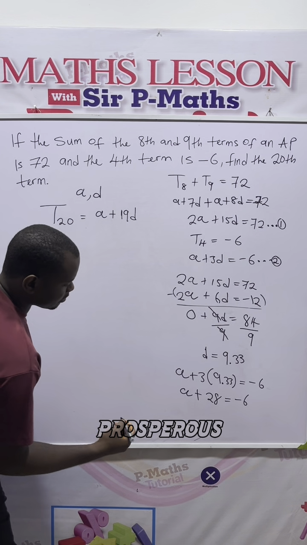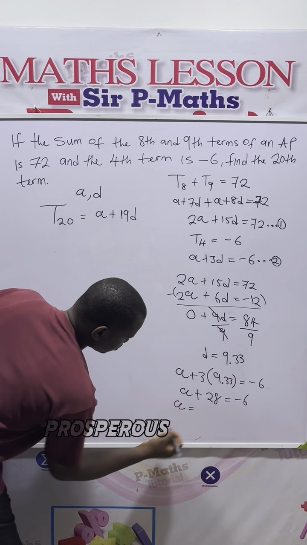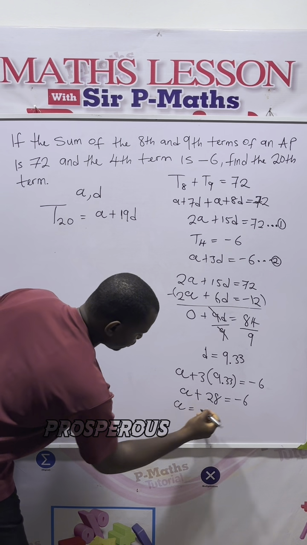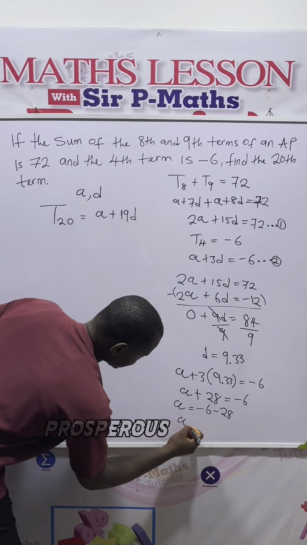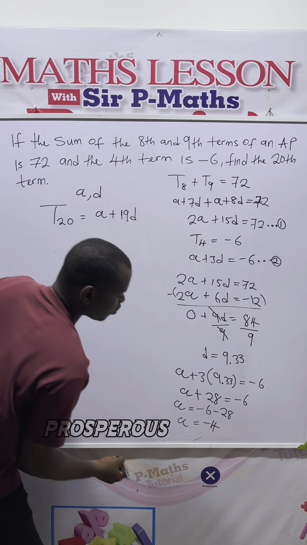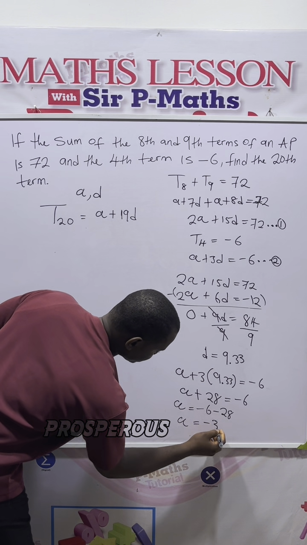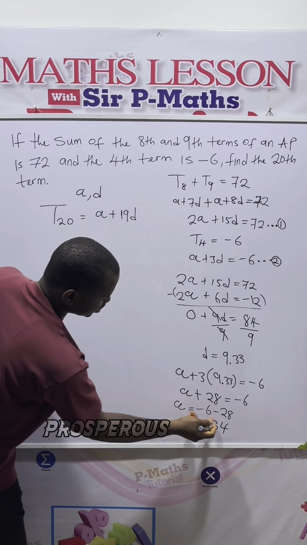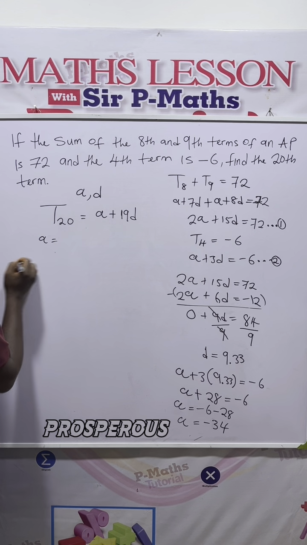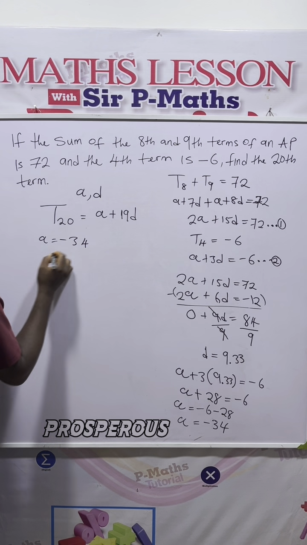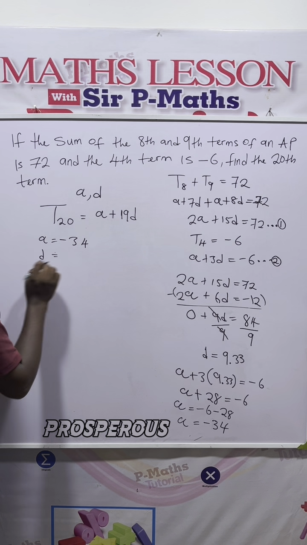So we collect like terms. This becomes A equal to -6 minus 28, as 28 goes over to the right hand side. That will give us the first term as -34. Adding -6 and -28. So we've got the first term as -34, and we've got the common difference as 9.33.